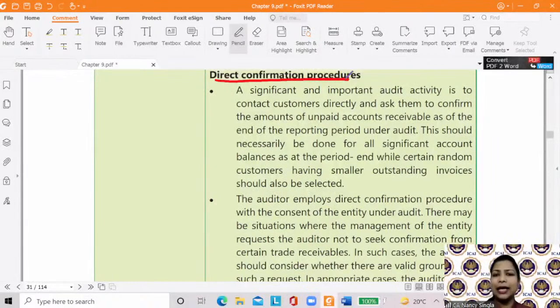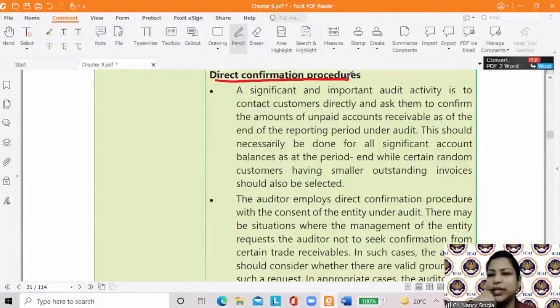Okay? And the debtor balances can be confirmed for what? Either the balance sheet date or any other date, which you can discuss in consultation with the management. Okay? What type of confirmation can be given? Either I can ask the other party to tell me whether the balance is 4 lakhs or not, or I can tell the party, tell me what the balance is.